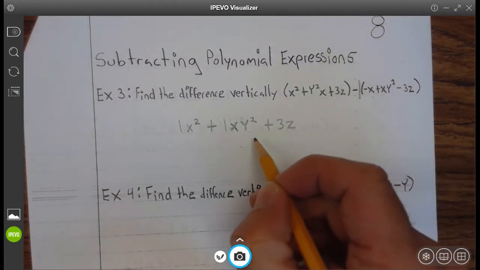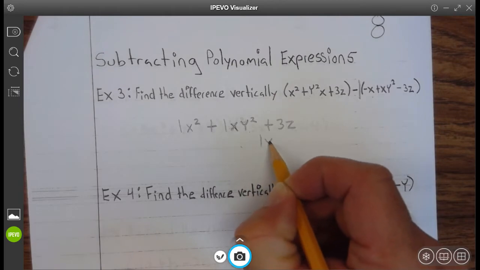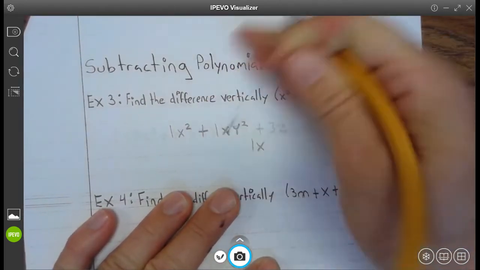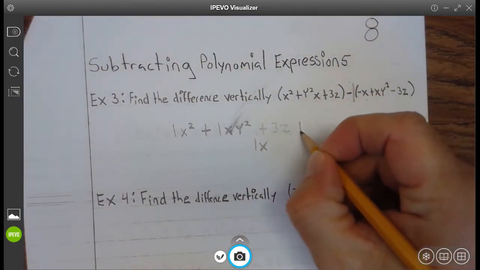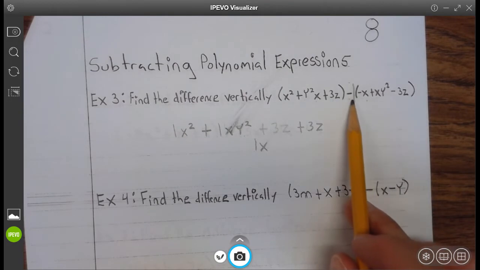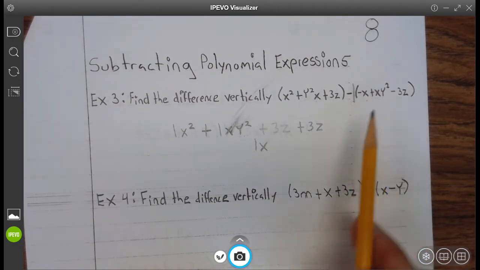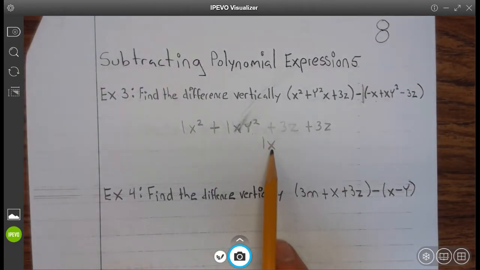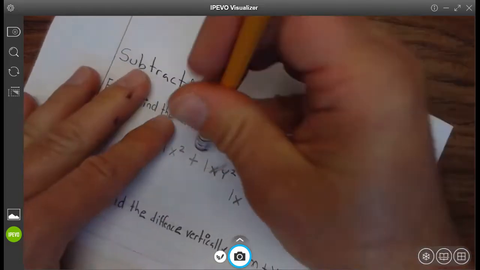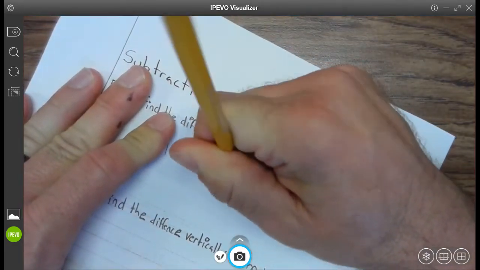So technically the 1x is right here, so we need to leave space for that. So we need to move over the plus 3z. Now a negative 1 times, and actually, technically x comes before the xy squared, so we need to move both of those over.